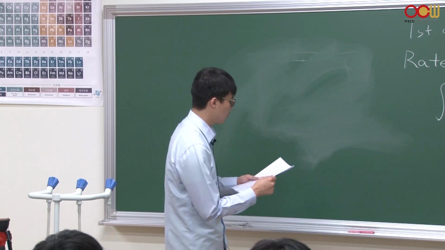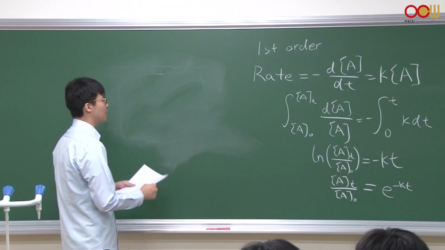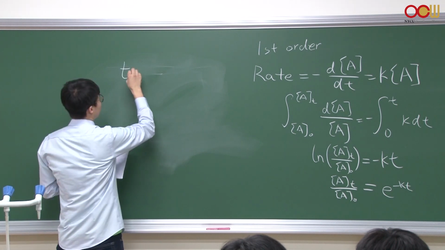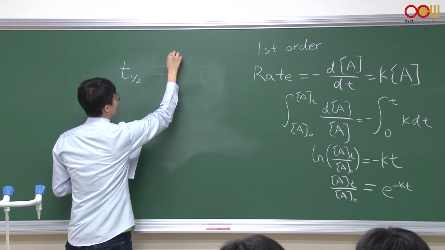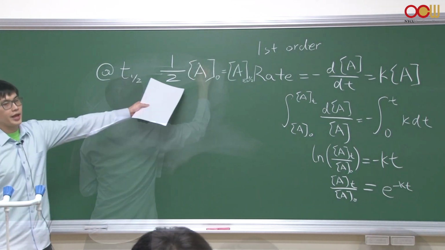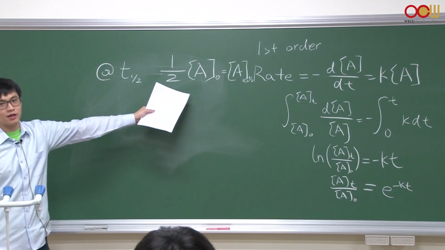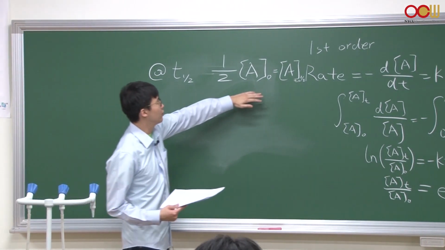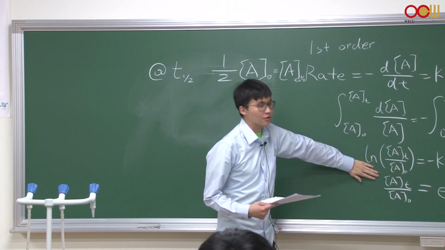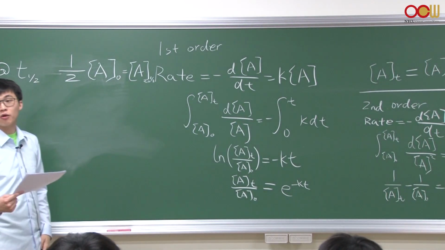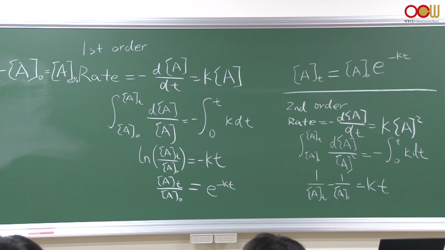Okay, so what you can do with half-life, for example, in a first order reaction, we know at half-life, T1 half, your reagent concentration will be half of that of initial. Okay, so you can simply substitute this into your natural log, okay, or your second order reaction, and that's how people figure out the half-life of a rate law.